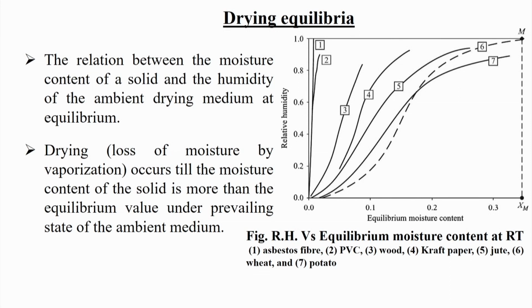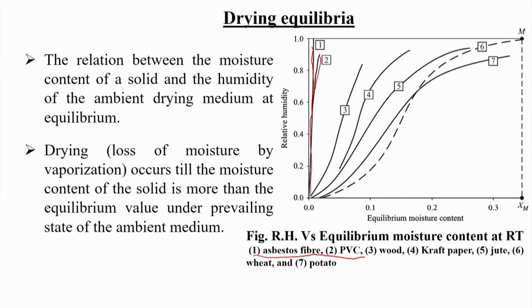In the figure, if we see minutely, we will find that for asbestos fiber and for PVC, the relative humidity curve is steeper for both cases with the equilibrium moisture content. So, in asbestos fiber and PVC, the equilibrium moisture content is very less.